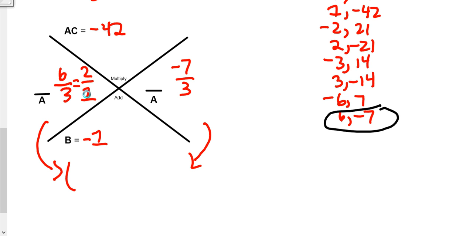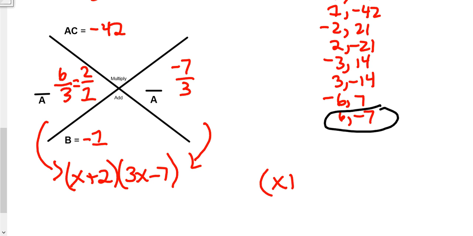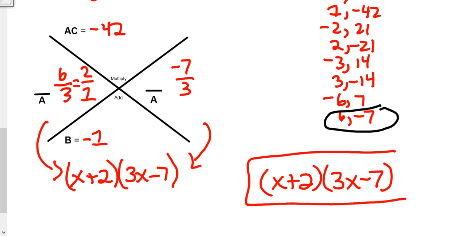So we don't write 1 for the coefficient, we just say x, and then that's a positive 2. Then we write 3x, and then that's a negative 7. So our final answer here is x plus 2 times 3x minus 7. And I hope that helps you to factor polynomials using the x method.